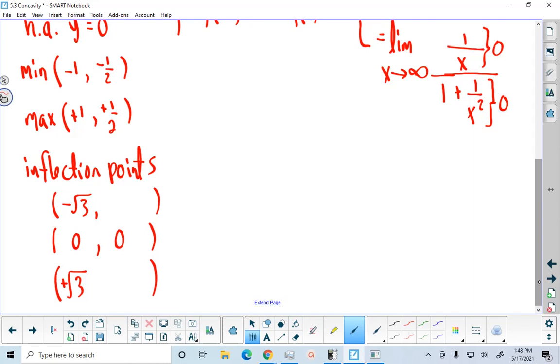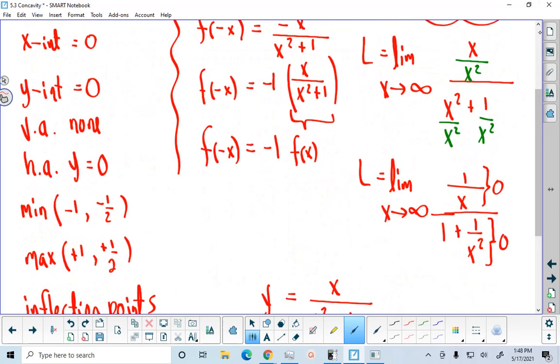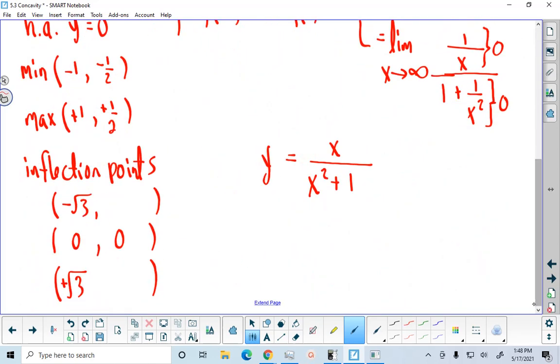these two y-coordinates for the inflection points must be opposite at negative root 3 and positive root 3. Remember, it's hard to believe this is still example 1, where this was the function. Double check that. Yep. So what we need to do is figure out what the y-coordinate is when x is negative root 3.